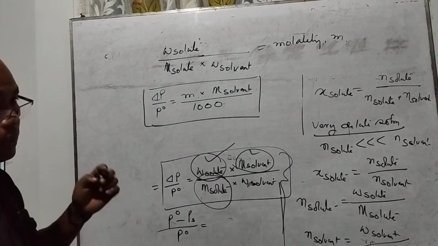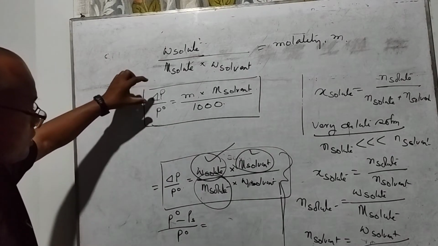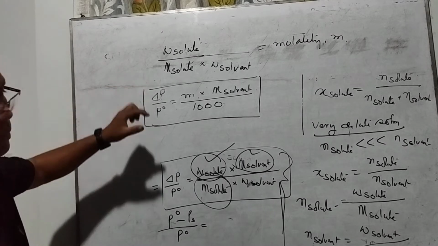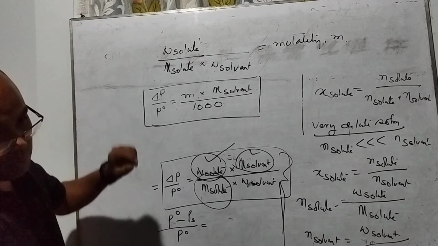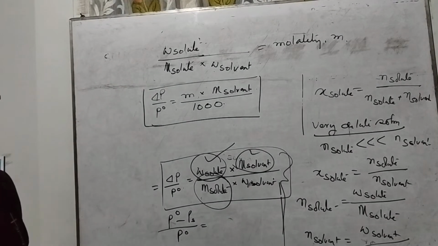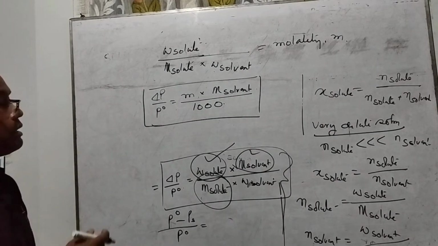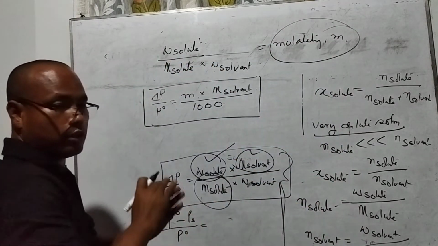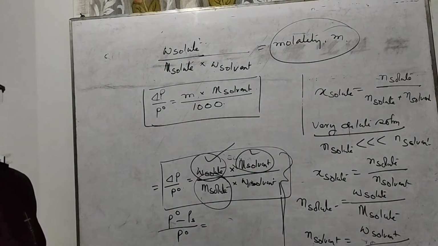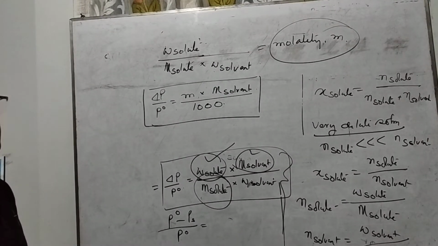So now, what is this? This is the relative lowering of vapor pressure. It's a colligative property. This colligative property depends on the concentration term molarity, not normality. Keep in mind, this is very important.